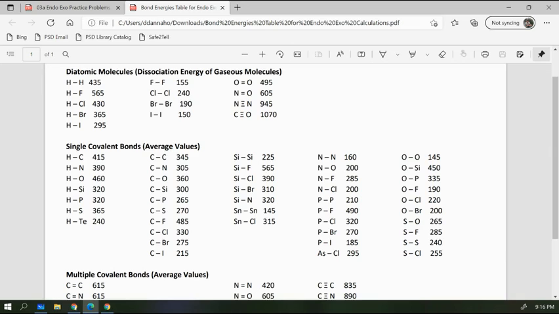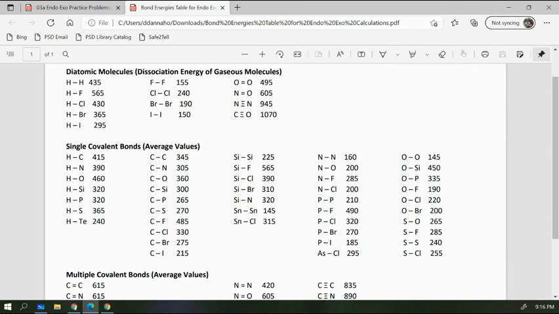Why an oxygen oxygen double bond is much higher energy than an oxygen oxygen single bond, we're not going to get into that, but it's true, and you need to just know for our class that you can't just double or triple numbers. You have to find that energy for that specific bond. That's critical.